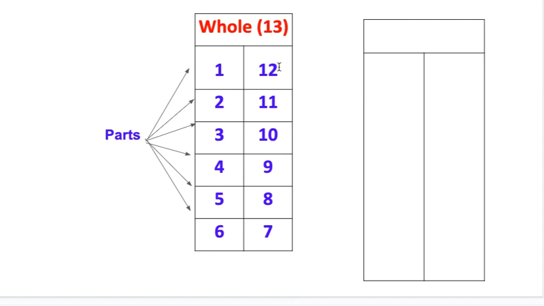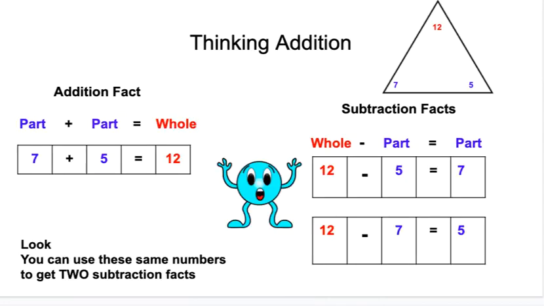There are 6 different ways. You could pick another number, like 14, and start listing all of the different ways you could break 14 into two parts. So this is the other way of thinking about subtraction, turning it into an addition problem.